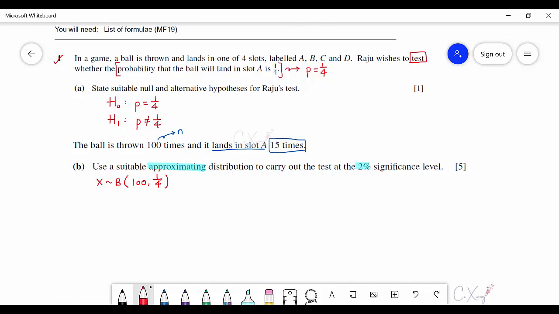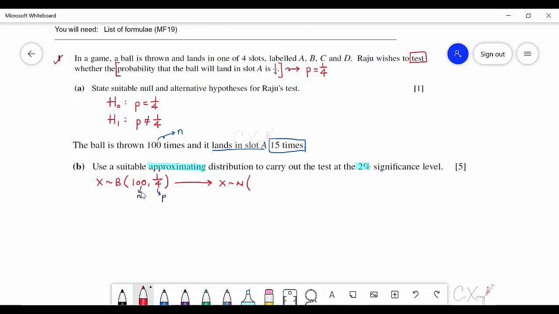If you double check the conditions for n and p, this is n and this is p. You can see that n is more than 30, which is large, and np is greater than 5, nq is also greater than 5. Therefore, you should change it to a normal distribution.